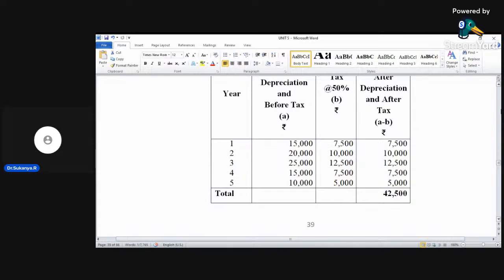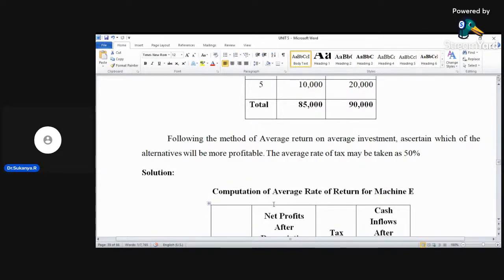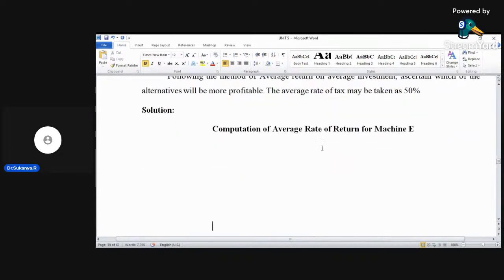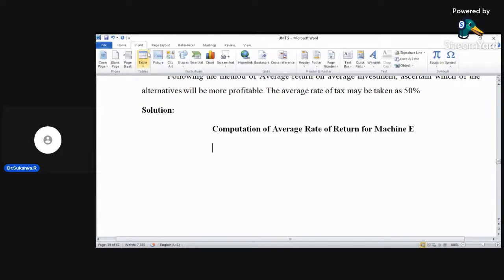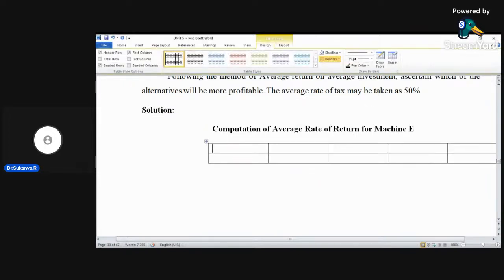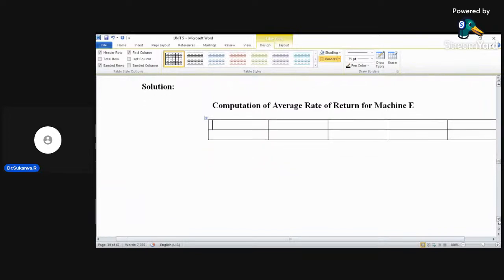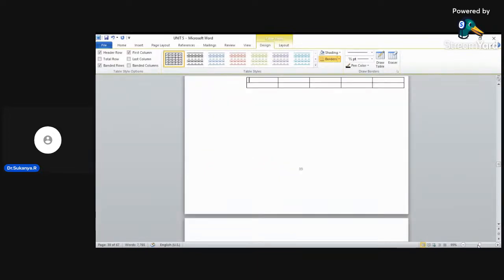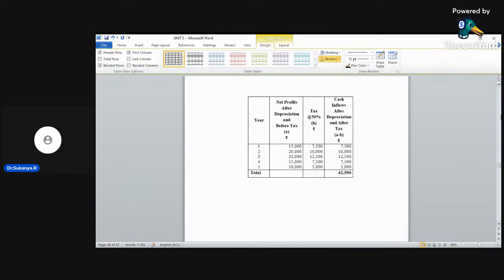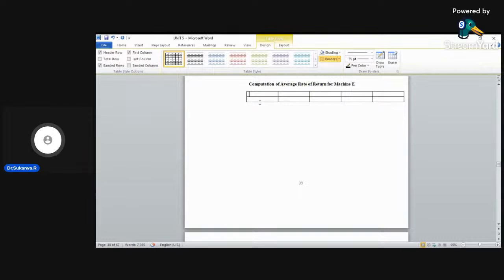Okay, now let us see. I'll try to work out the problem along with you. Okay. Now, dear students, I'm inserting a table. So the first column is year.